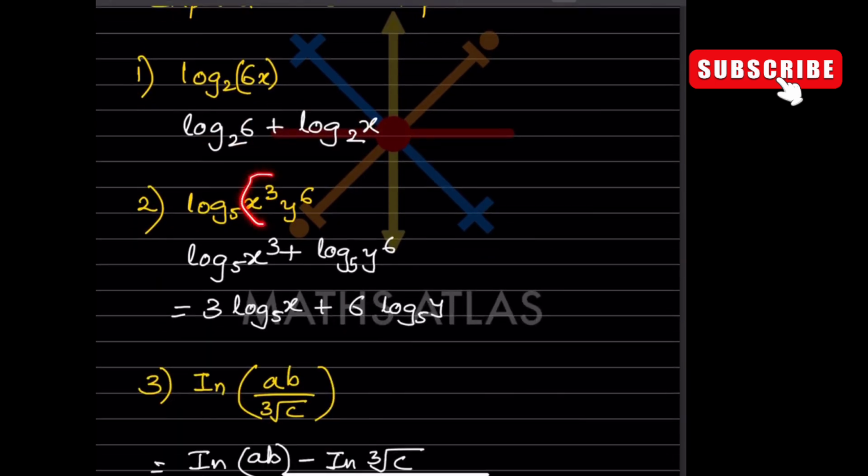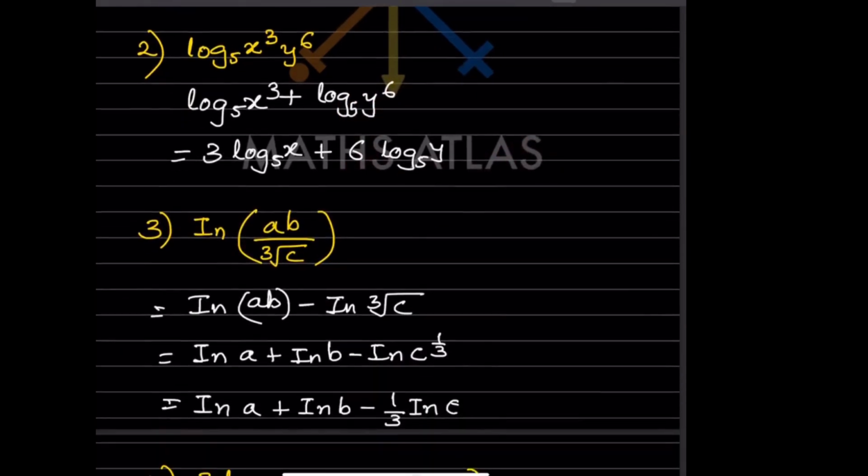Again, this is multiplication, so you are going to separate it and add it. Now can you see the exponent is 3, so you can take it over here, that is 3, and this will be log of x to the base 5. Again here 6 you will take here, log of y to the base 5 you will write here. So this is the answer.